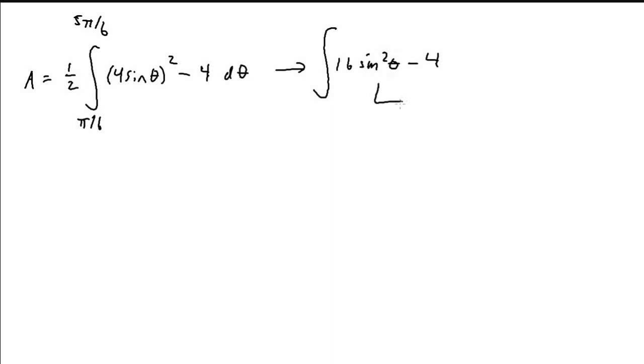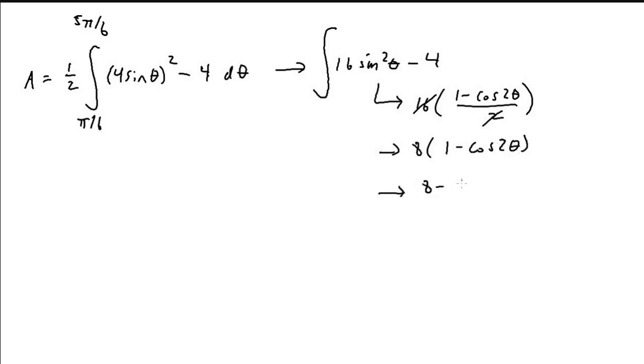So sine squared can be turned into 1 minus cosine of 2 theta over 2. I can go ahead and distribute the 16, and 16 over 2 is 8. So we'll get 8 times 1 minus cosine of 2 theta, and when I distribute it, we get 8 minus 8 times cosine of 2 theta.